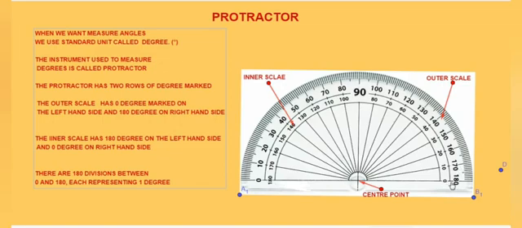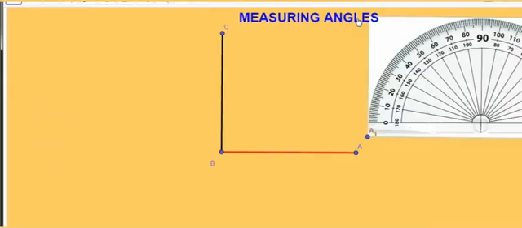There are 180 divisions between 0 and 180, each representing 1 degree, that is 0, 1, 2, 3, 4, 5, 6 up to 180 degrees. Clear? This is the center point of the protractor, this is our inner scale and this is our outer scale. Clear?